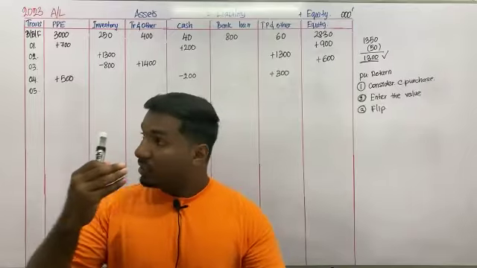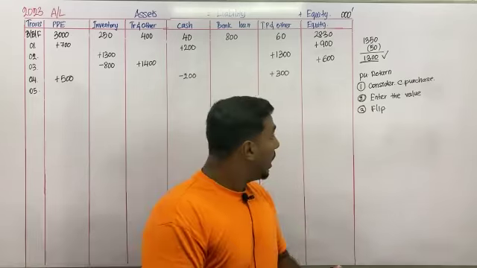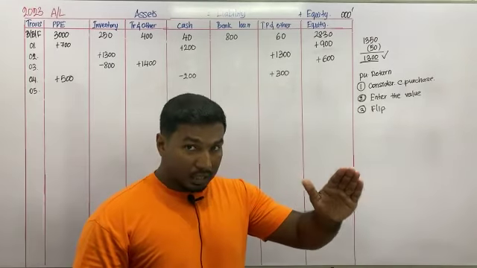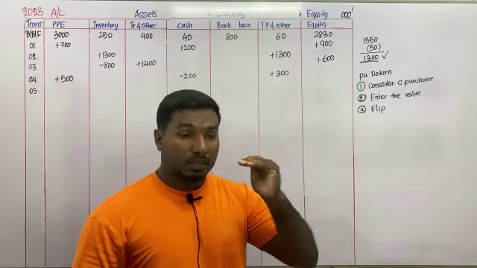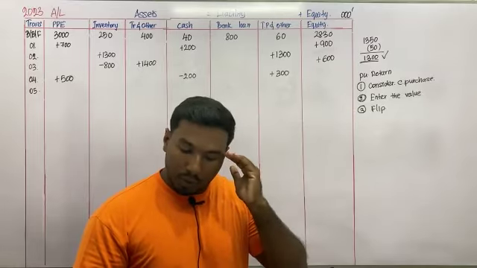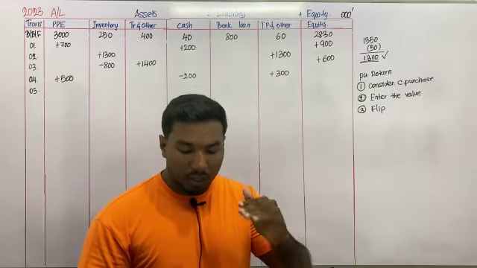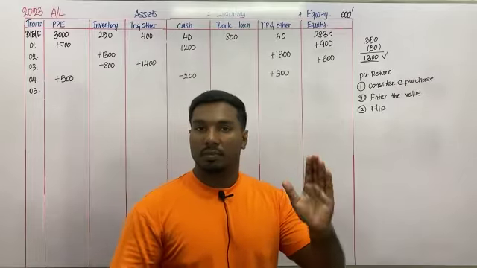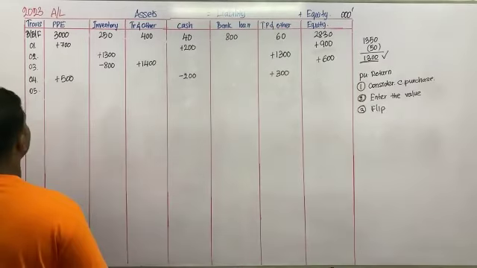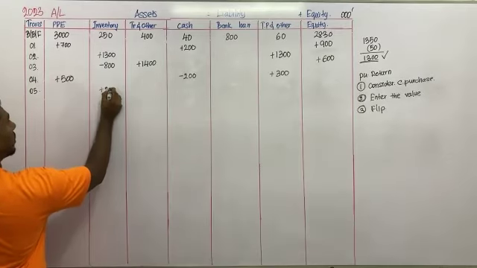So forget that transaction number 5 as a purchase return. First, consider this transaction as a credit purchase. Okay. So read this transaction as a credit purchase. Goods costing 20,000 was purchased on credit.